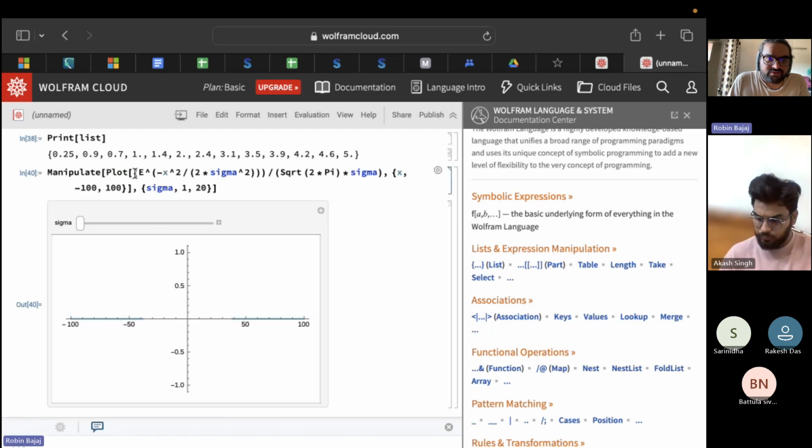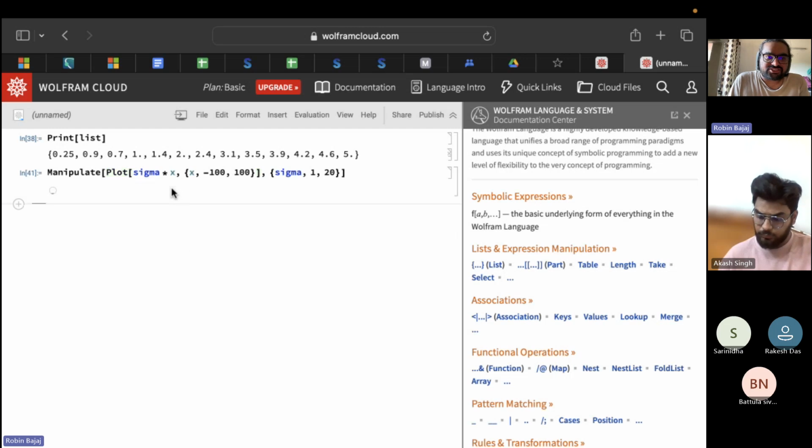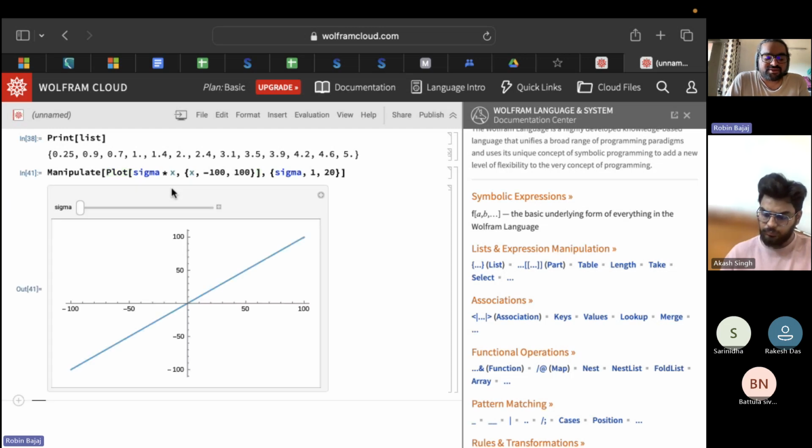So it always happens when you try to write a complicated function. Let's remove it and say sigma times x. This is something we can visualize simply. So you see, this worked.